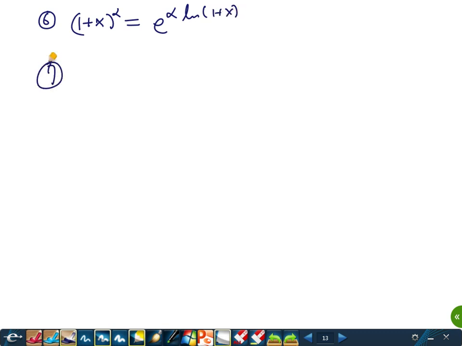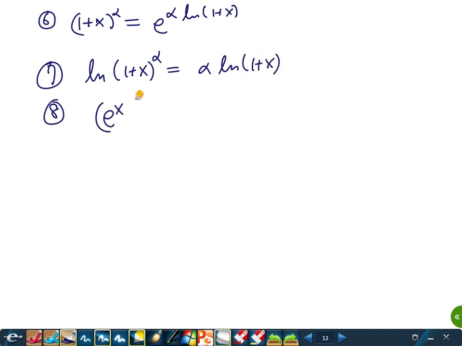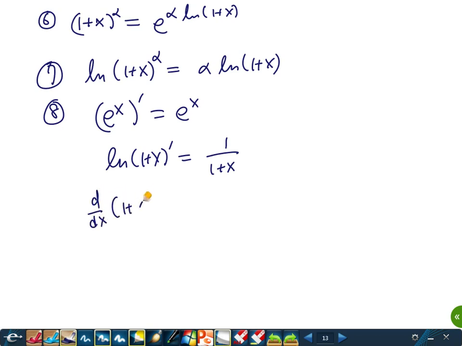So many things that we already know in calculus can be proved formally. 7: log of (1 plus x) raised to alpha equals alpha times log of 1 plus x. 8: The derivative of the exponential function is itself, and the derivative of the logarithmic function, we know, is 1 over 1 plus x. They can all be proved using d/dx. They all can be proved.